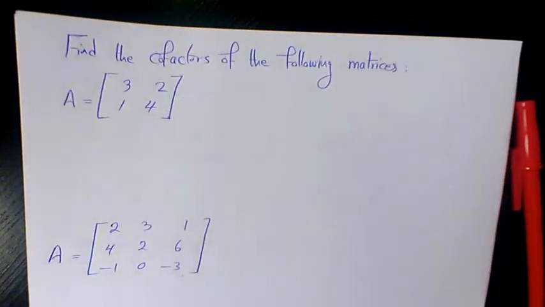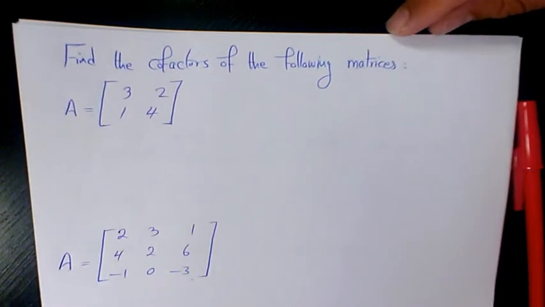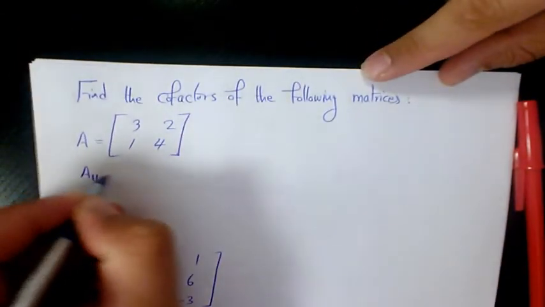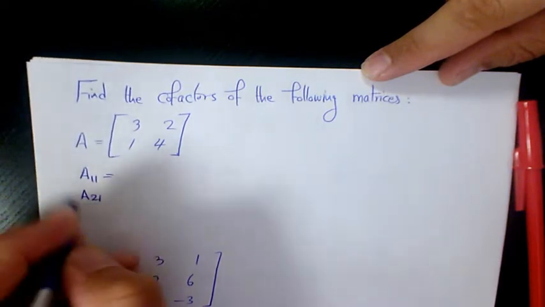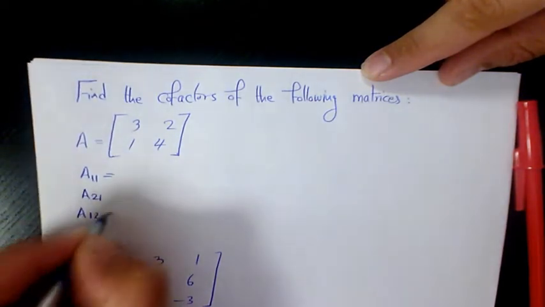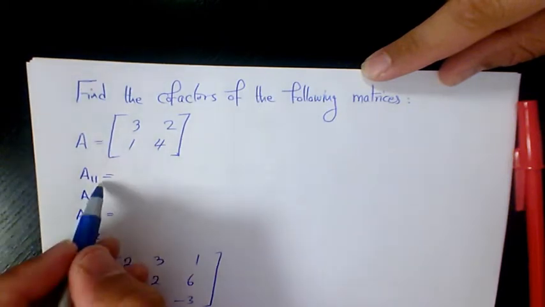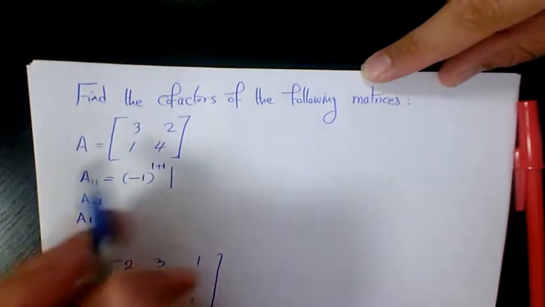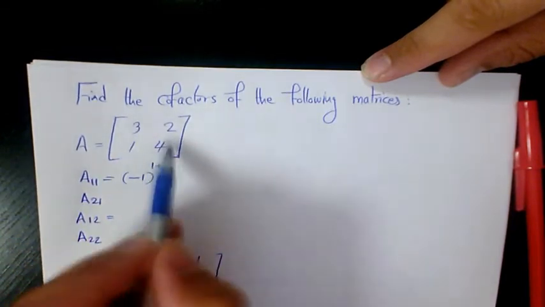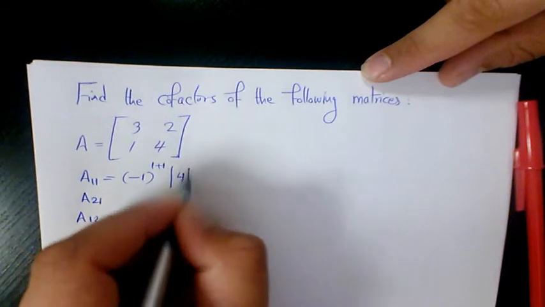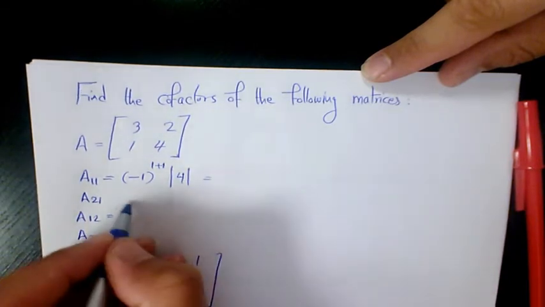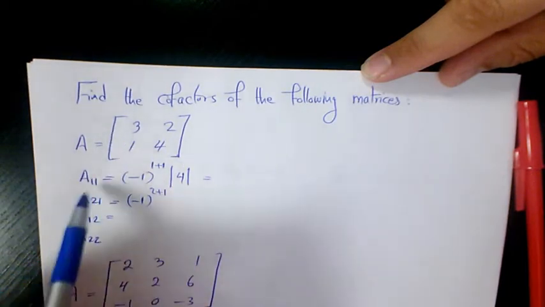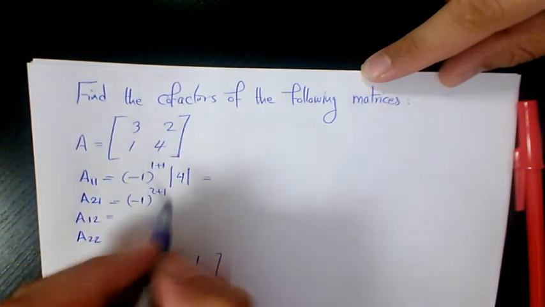Let's see the example now. Find the cofactors of the following matrices. It means that we need to find A11, A21, A12, and A22. A11 is going to be -1 to the power of 1 plus 1 times the determinant of 4. Next one, -1 to the power of 2 plus 1, when you remove it, we have just 2.